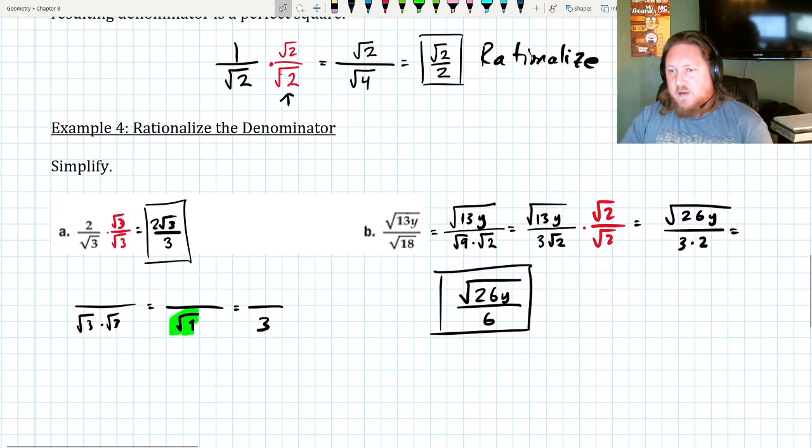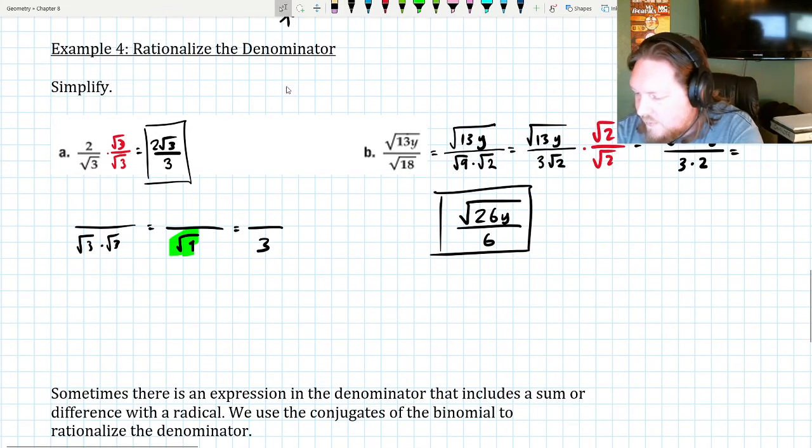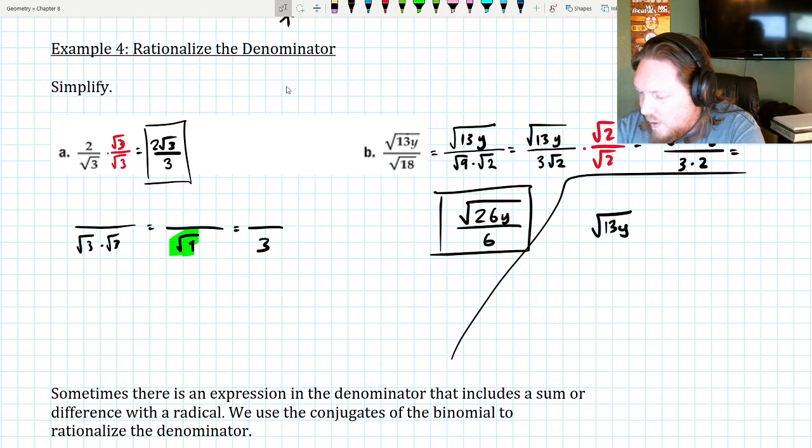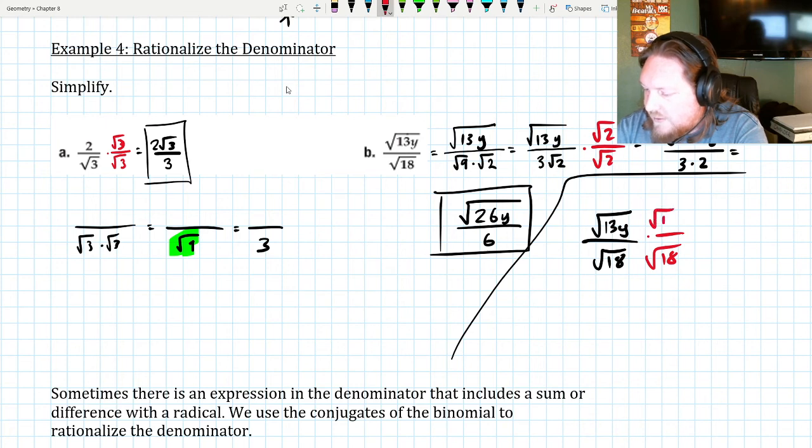I could have immediately, and this is an alternate method here, done 13y over root 18 and multiplied by root 18 over root 18. What would have ended up happening, though, is I would have had 13 times 18 times y.